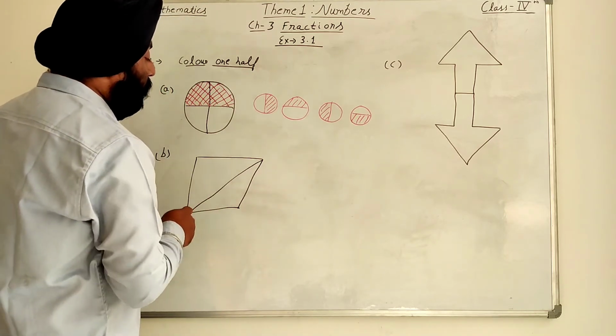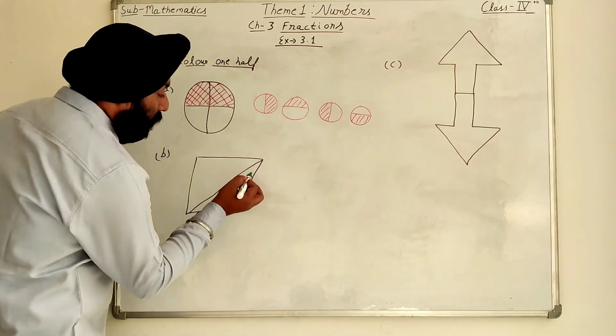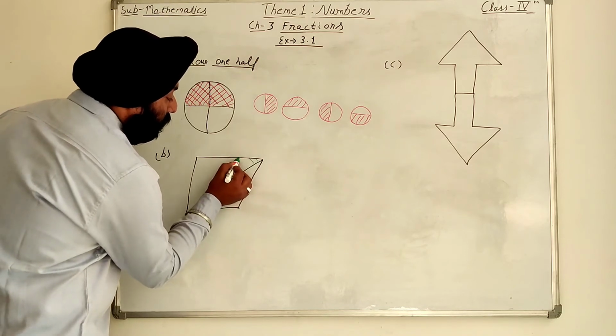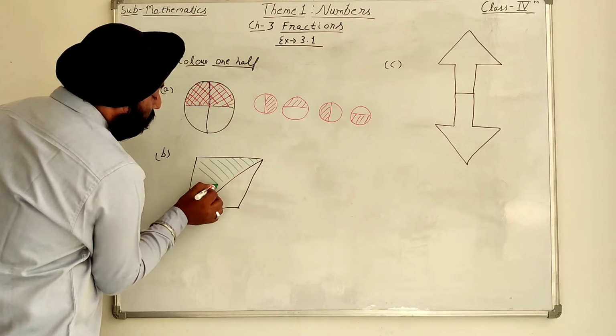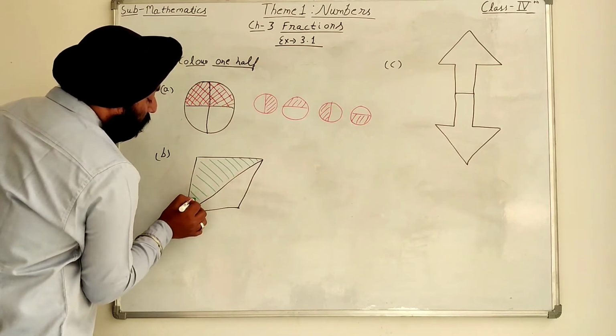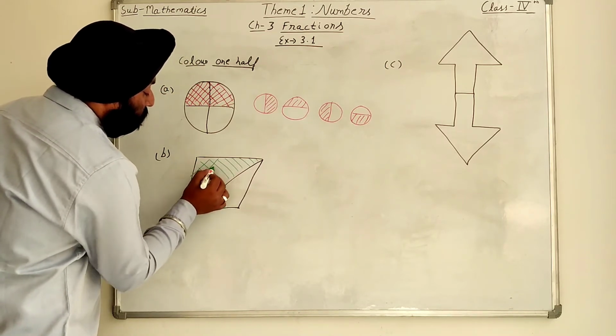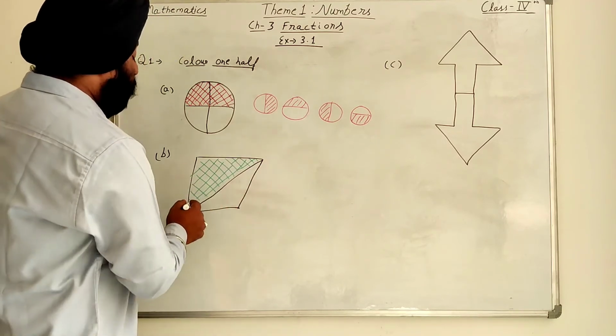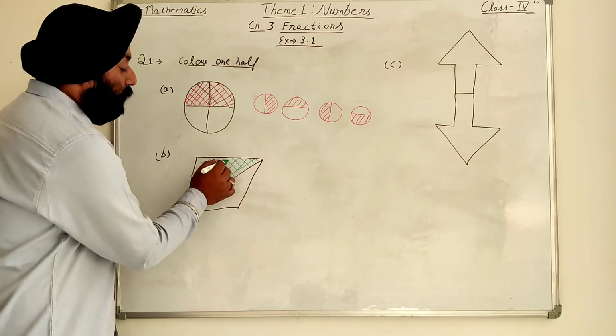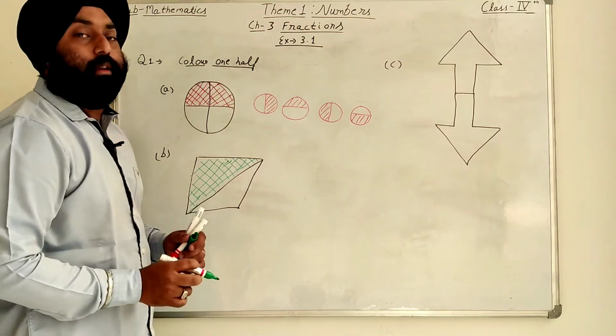We have to color the half part. So what is the half part? This is our half part. I have just drawn the lines, but you have to color it in whatever color you want.